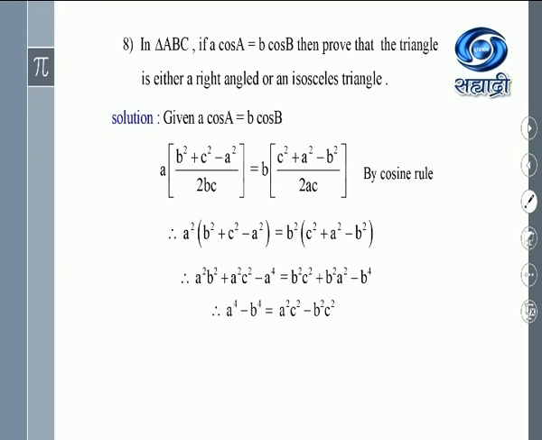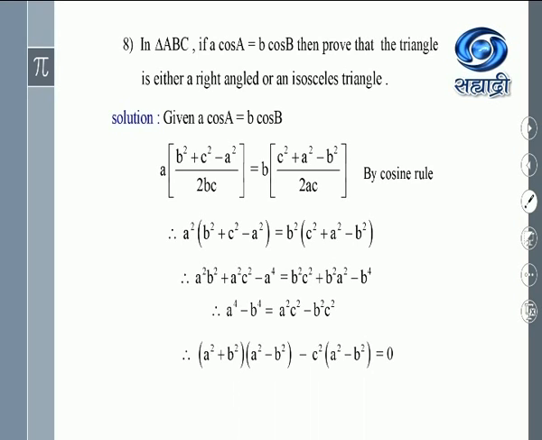Okay. Now see, A square B square and A square B square are on both sides having the same signs, so they get cancelled. Now this is A raised to 4 with negative sign. This term if we write on RHS becomes A raised to 4 minus B raised to 4. So one side is A raised to 4 minus B raised to 4 and the other side is A square C square minus B square C square.